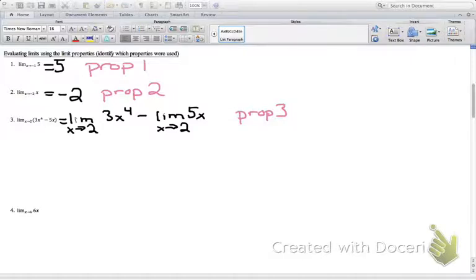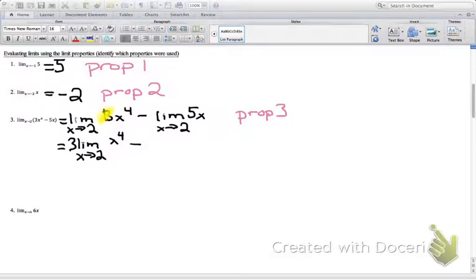And we'll continue. The 3 here is a constant term. Since it's a constant, by property 4, we can bring that 3 and multiply it by the limit of x to the power of 4 as x approaches 2.